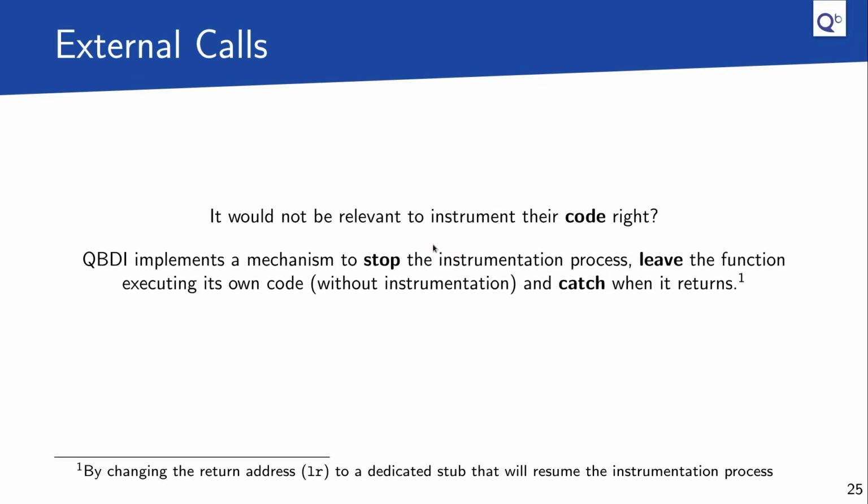So there is a way in QBDI to process these functions by stopping the instrumentation process when there is an external call. Then we leave the function to execute its own code without instrumentation. So we are quite blind about what code is executed, but as we know that it is malloc, we know the behavior of malloc. And QBDI also changes the return address of the function so that we can catch when the function returns.